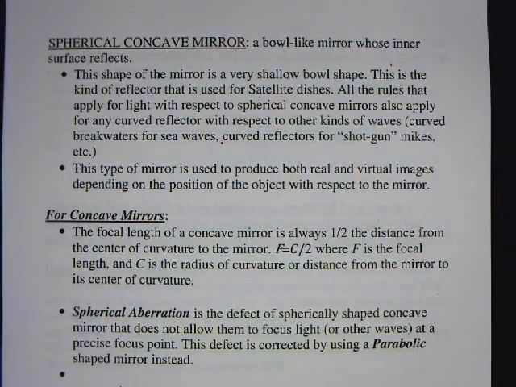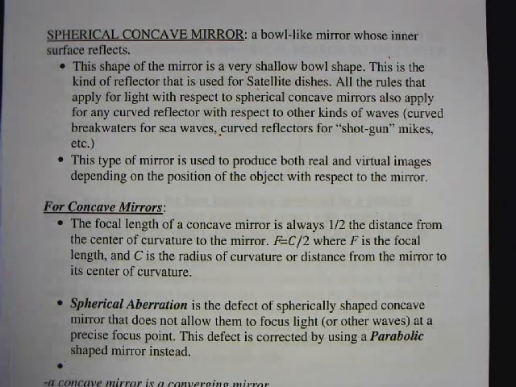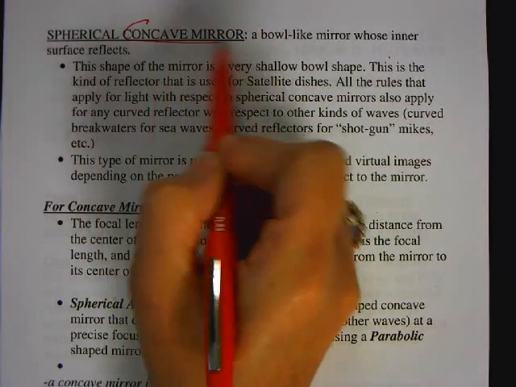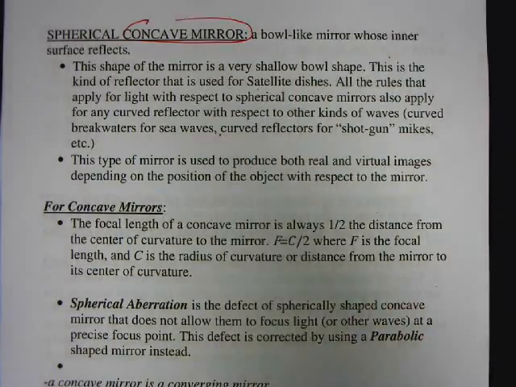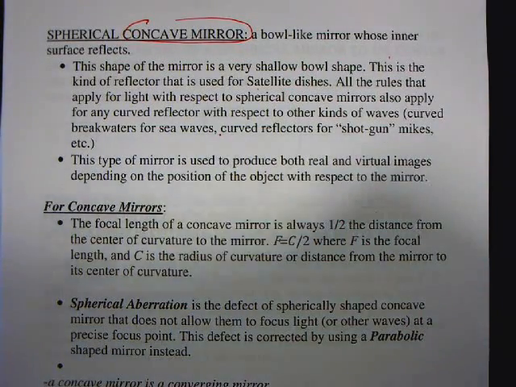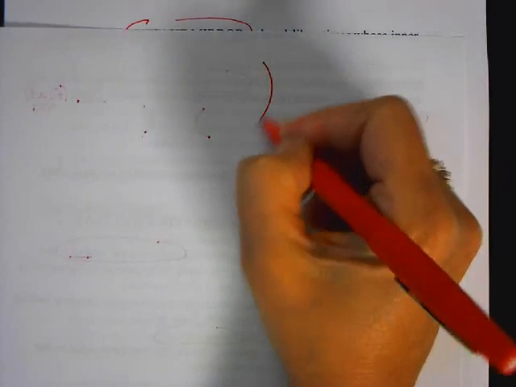Now today we're going to look at our first type of spherical mirror, and spherical means that it's curved. And today we're going to look at concave. So a bowl-like, and then there's different variations. I can have something that's curved a little bit or curved a lot.